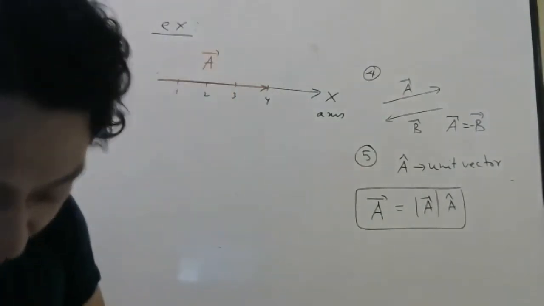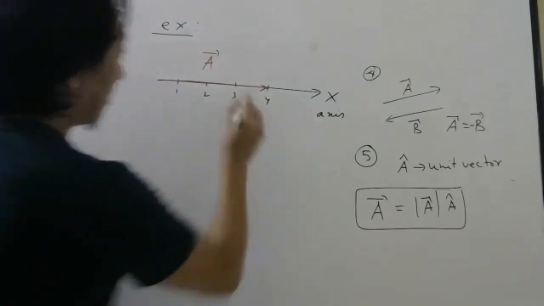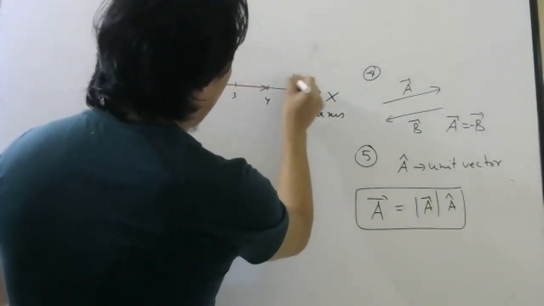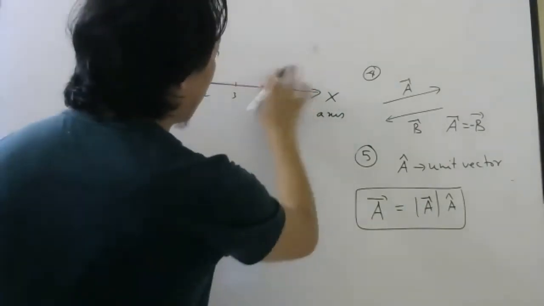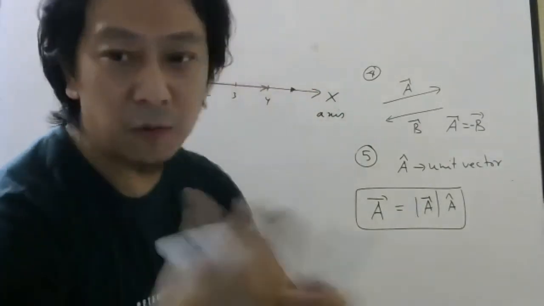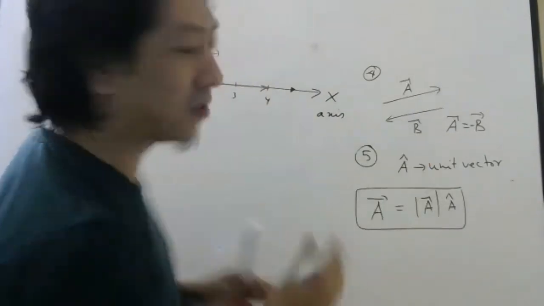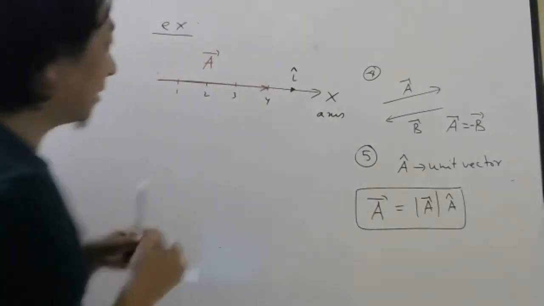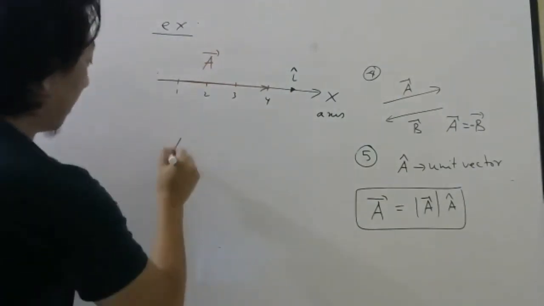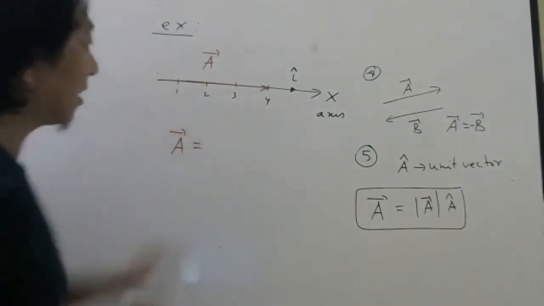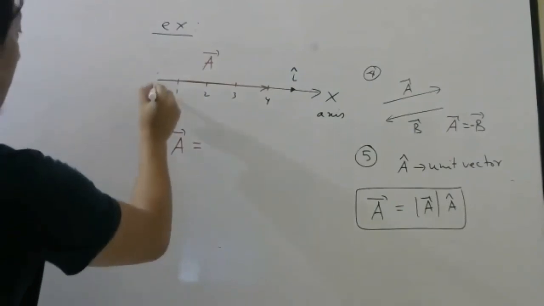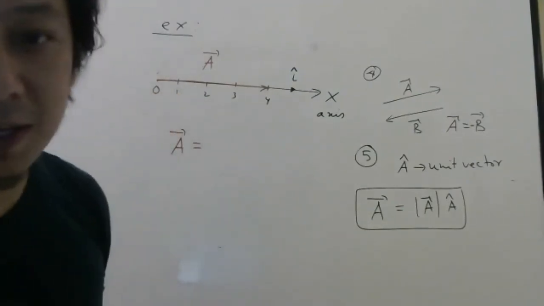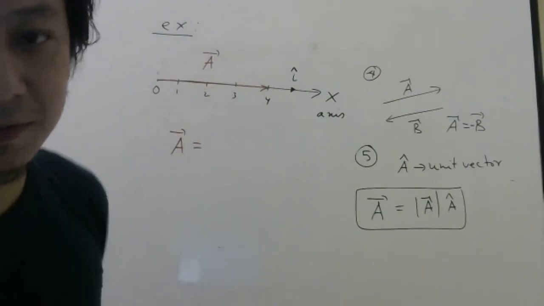And in this direction I have chosen a unit vector. No, let me not write A cap. I want you to get used to other symbols also, so let me write I cap. Then tell me what will A bar be equal to in terms of I cap. This is 0. A bar will be equal to how much for this diagram?